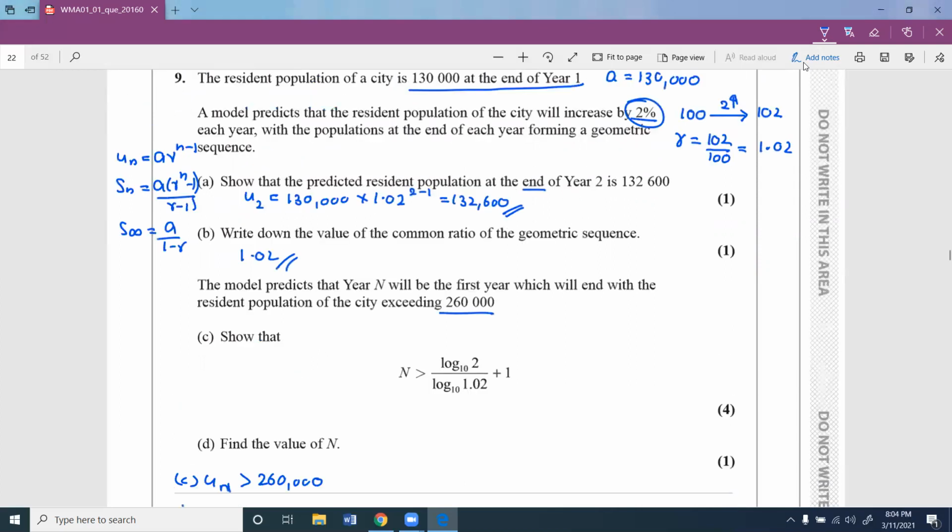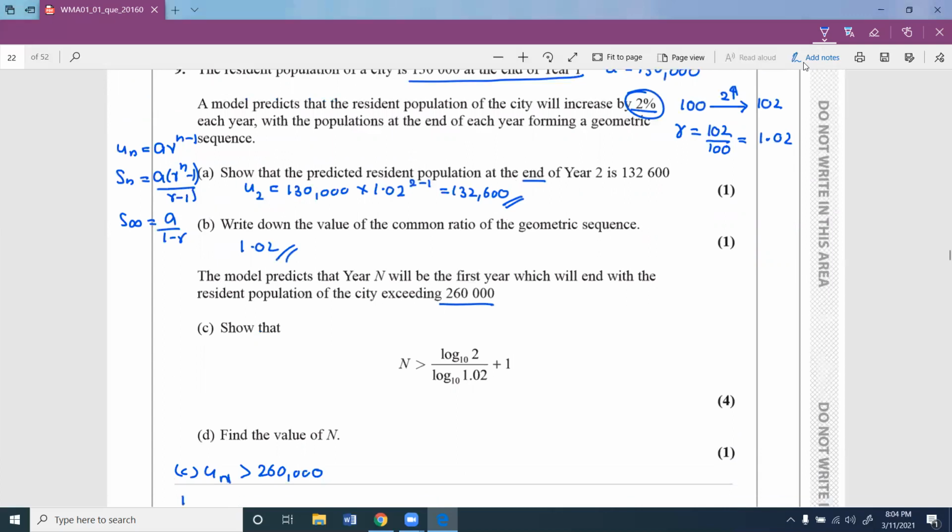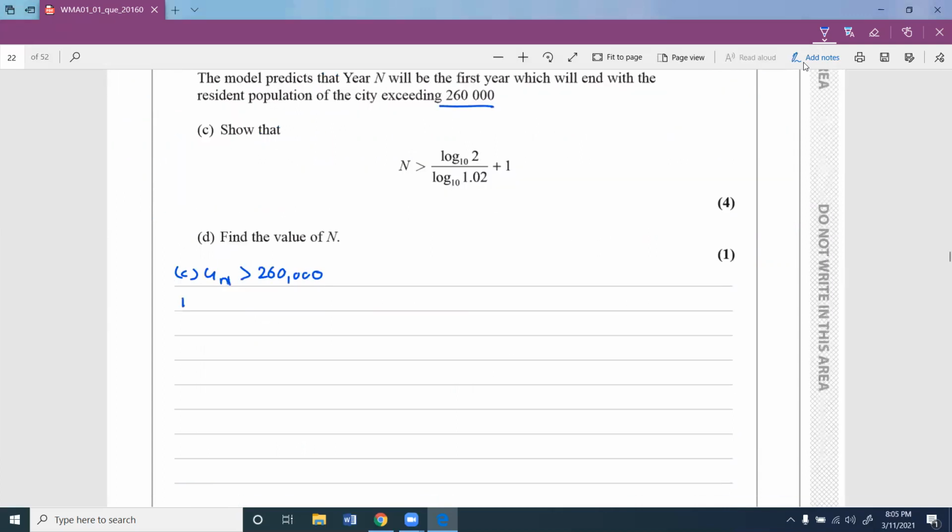If you just work out here, r is 1.02 to the power n minus 1 is greater than 260,000. Then you can say 1.02 to the power n minus 1 is greater than 260,000 divided by 130,000. Then 1.02 to the power n minus 1 is greater than 2.